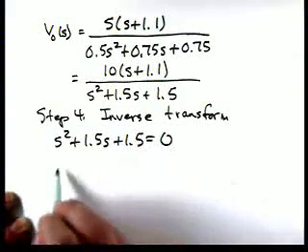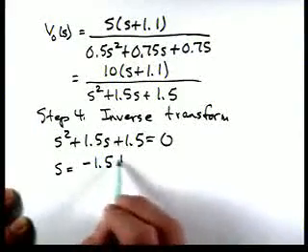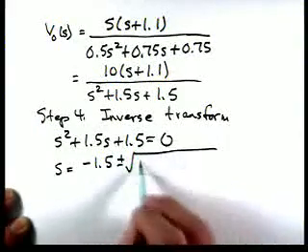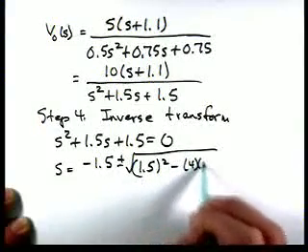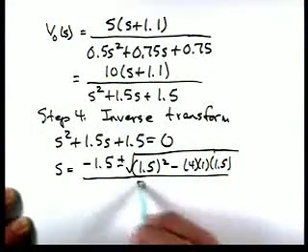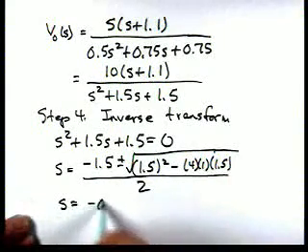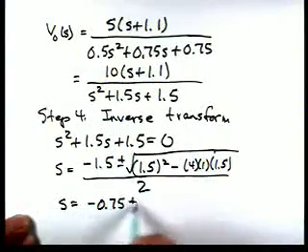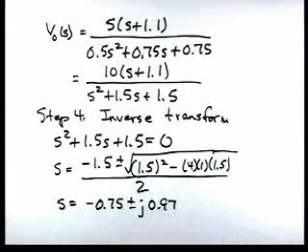Using the quadratic formula, we have minus 1.5 plus or minus the square root of 1.5 squared minus 4 times 1 times 1.5, divided by 2. So the roots then are minus 0.75 plus or minus j 0.97. So we've got a set of complex conjugate roots.